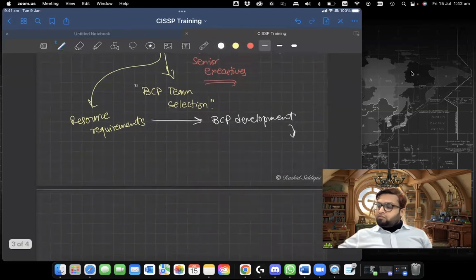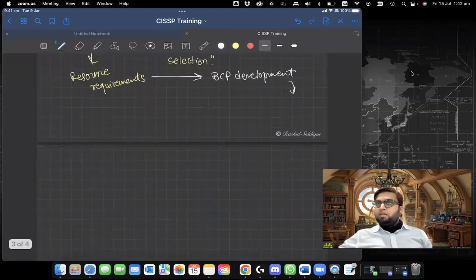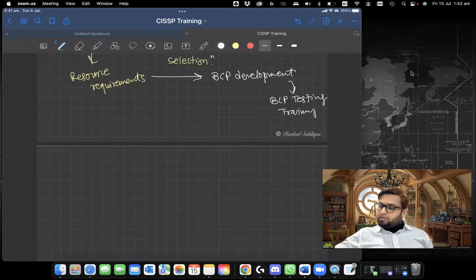Then, when we mature the BCP process, we'll be doing BCP testing, training, and maintenance.